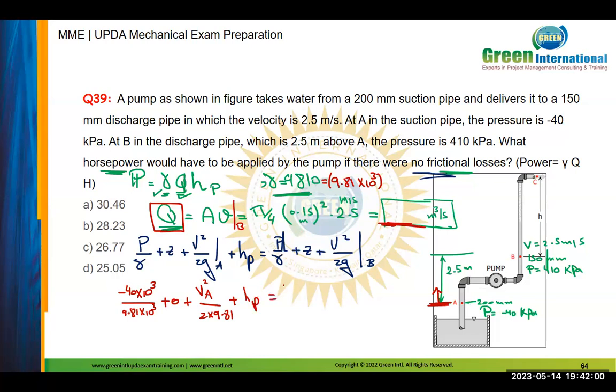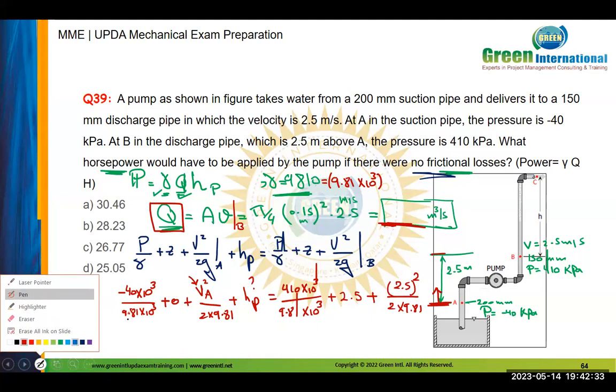On the other side, pressure is 410 kilopascal, so 10 to the power 3, gamma is 9.81 times 10 to the power 3, plus velocity at section B, which is given as 2.5. Please don't forget to square it, over 2 multiply 9.81. Which one is the unknown? The head of pump. And we also need to calculate VA first.